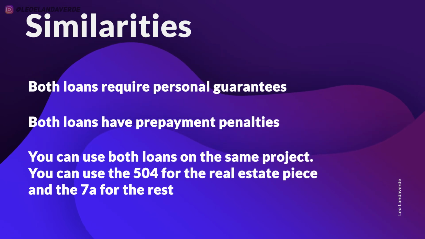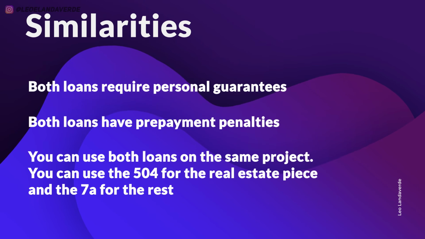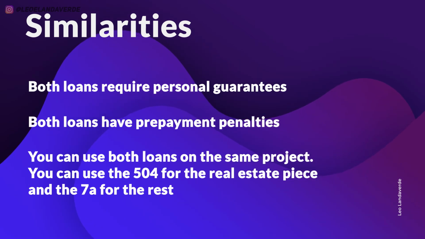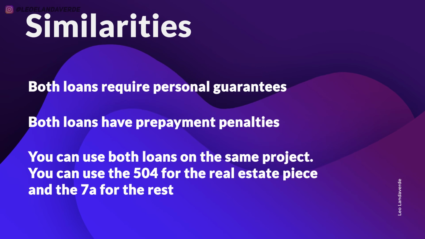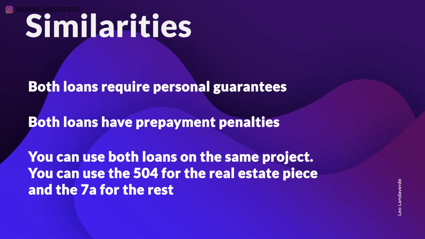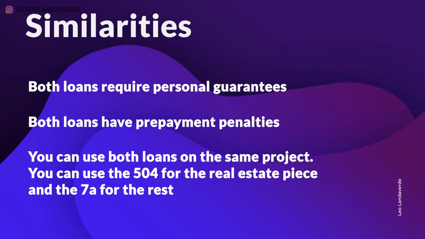So basically buy the land, construct the building, and get the heavy equipment all wrapped up into the 504, and you can use the 7A for everything else. You can use the 7A for the working capital, and for acquiring other things that are not necessarily covered by the 504. So both loans are complementary.